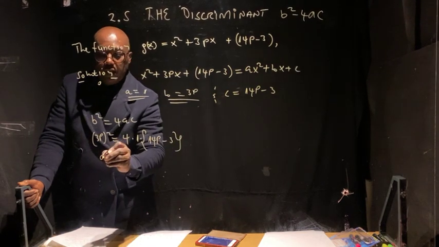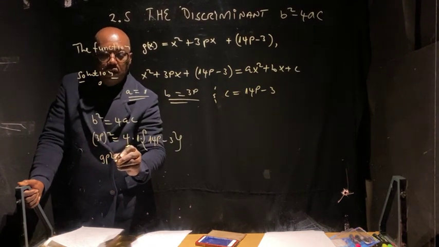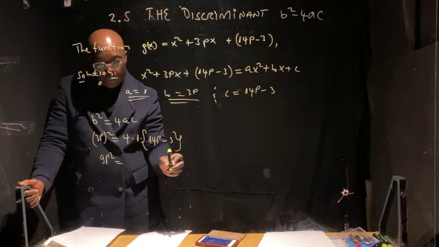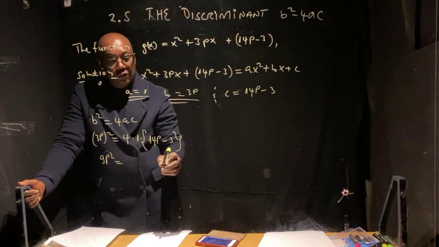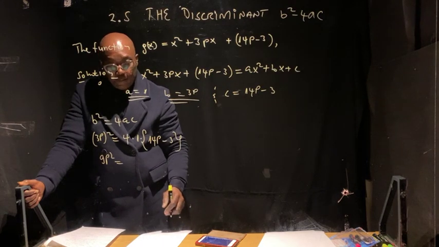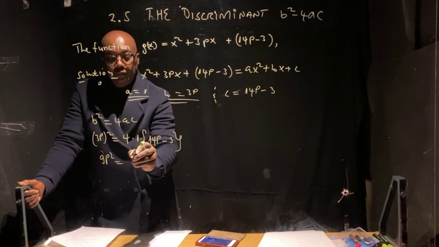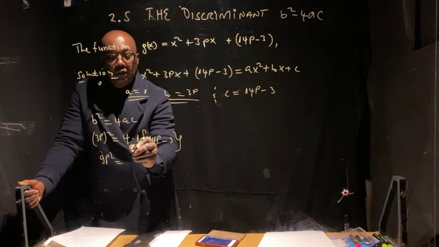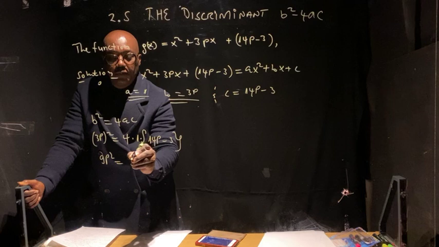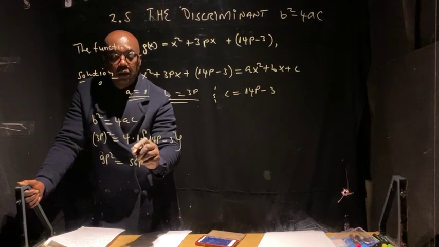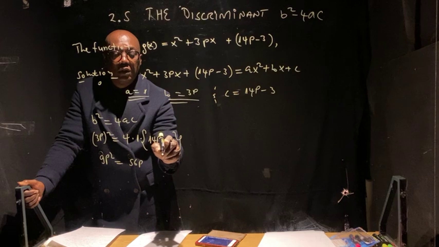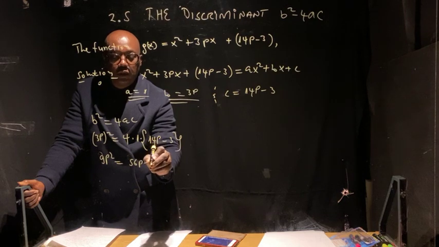So 9p squared equals 4 times 14p, which is 56p, and 4 times minus 3 is minus 12.